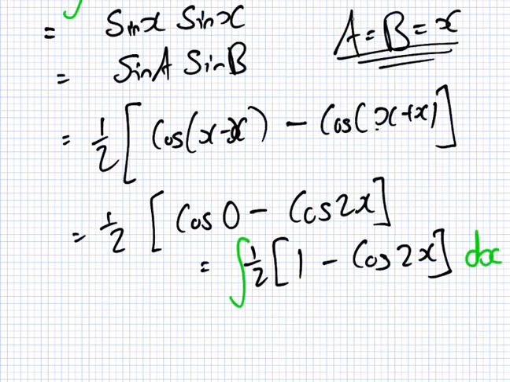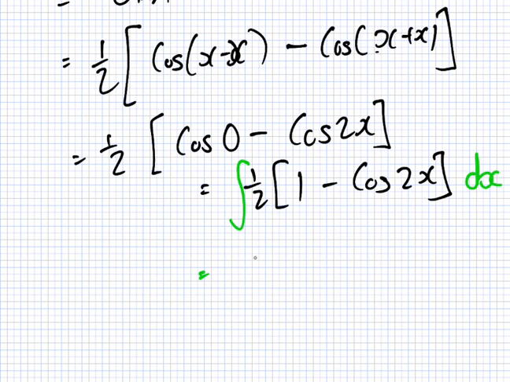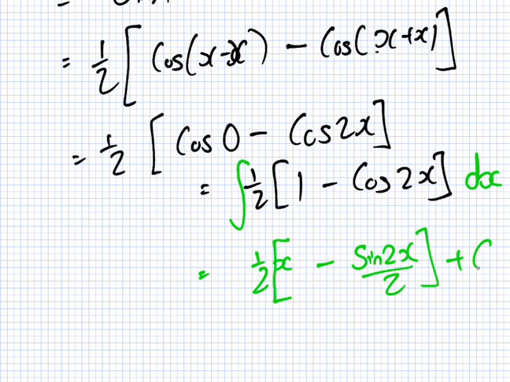Whereas this one here would just be a half x, well, if you leave the half out there, it would be x minus sine 2x over 2 plus c.